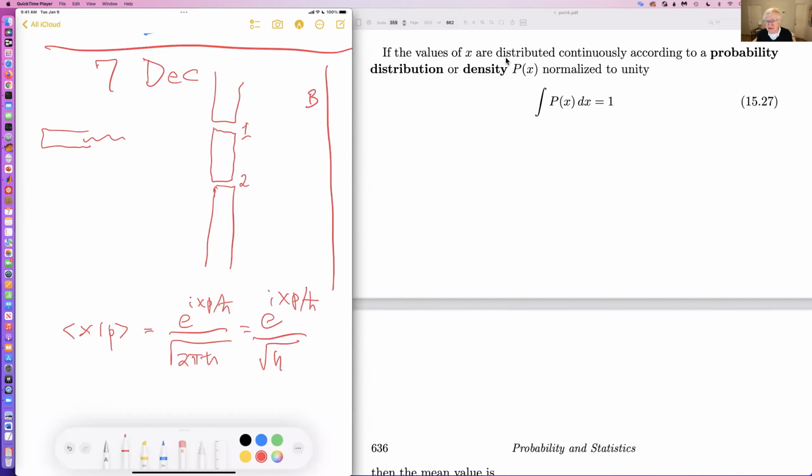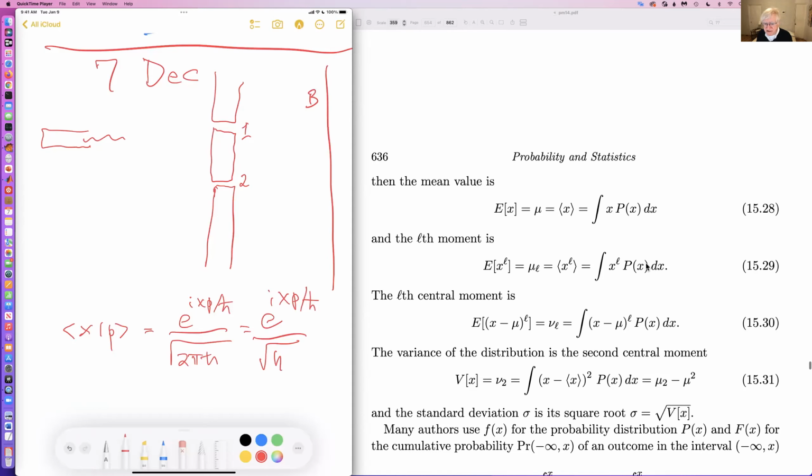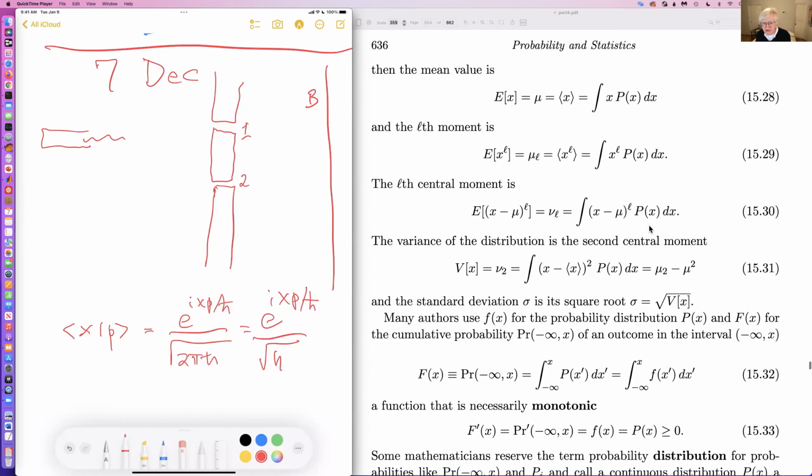If the values of x are distributed continuously according to a probability distribution or a probability density, then you expect it to be normalized to unity. Then the mean value is this, the Lth moment is that, and the Lth central moment is this.